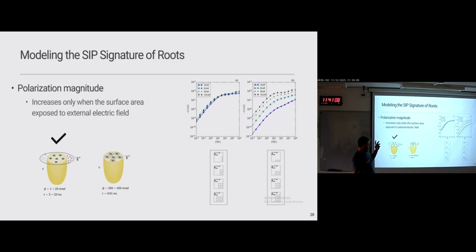And when people measure the whole plant, and they insert electrode into the root inside, they get those values. Okay, so we have some kind of screening effect of the root.